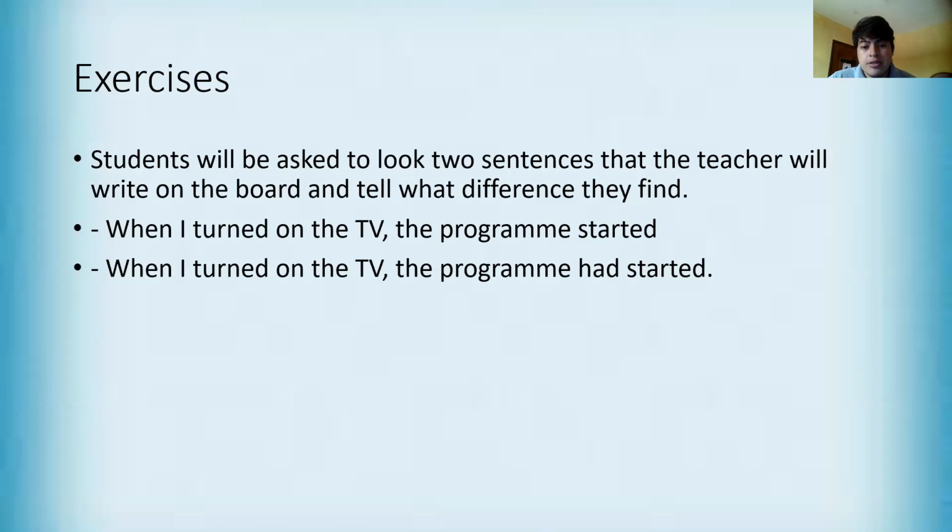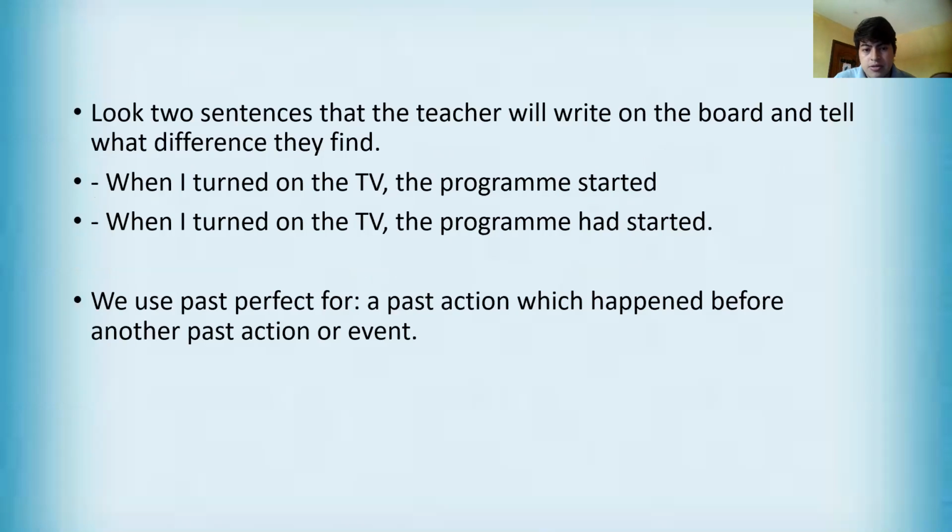The second one, right? Because when we use past perfect, it is an action that happened before another past action or event. If we don't put had, it's continuous, it's not in the past, okay?